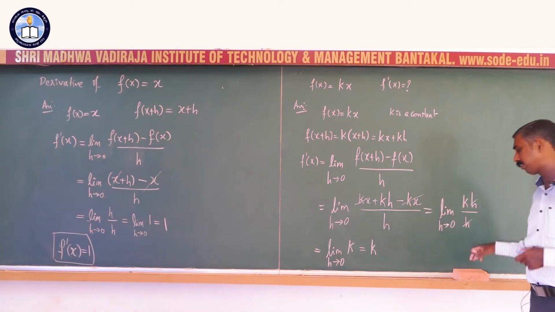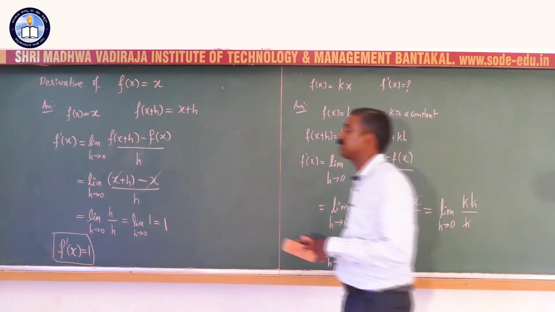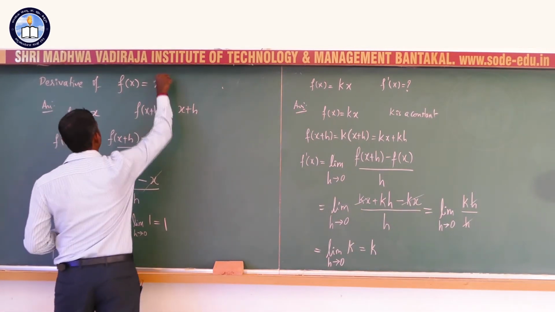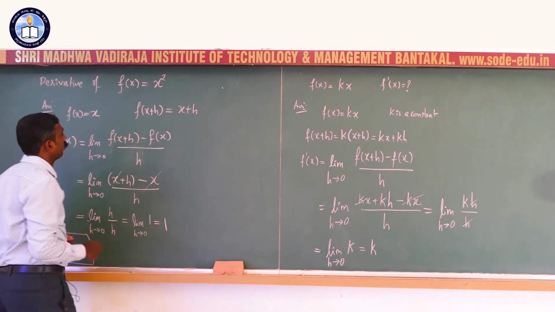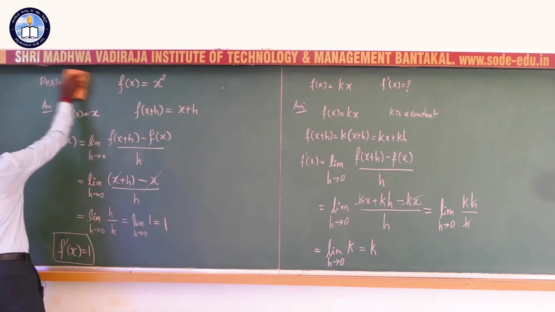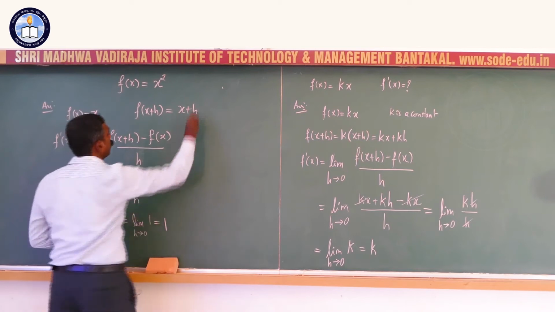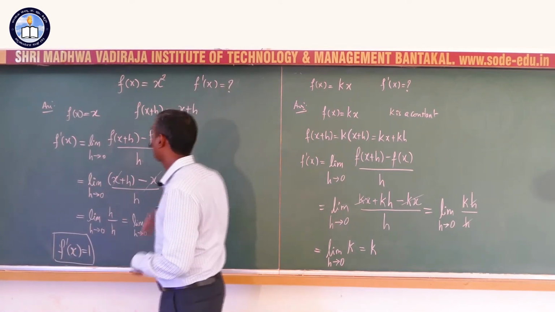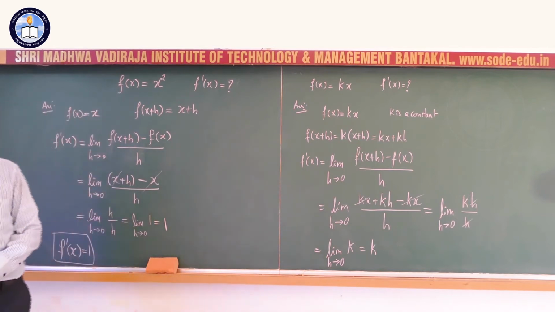Now, what about the derivative of x square? f of x is equal to x square. So, what is f dash of x equal to? You have to get an expression for derivative of x square.